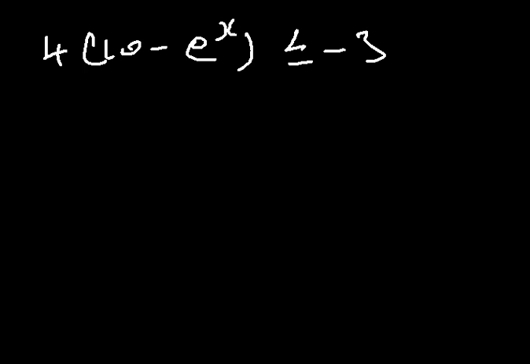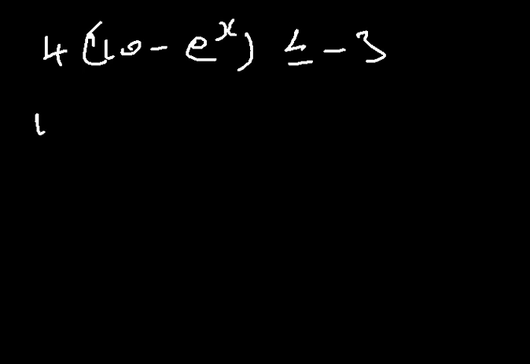Let's say we have 4 times 10 minus e to the power x, and that should be less than or equal to -3. So what is the solution for this? First thing, we have to divide both sides by 4.